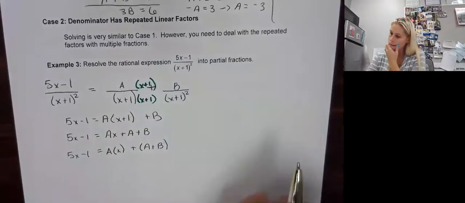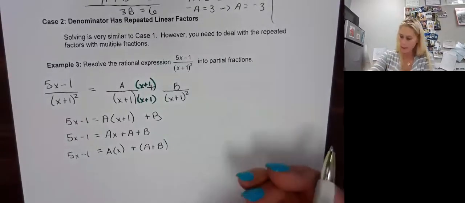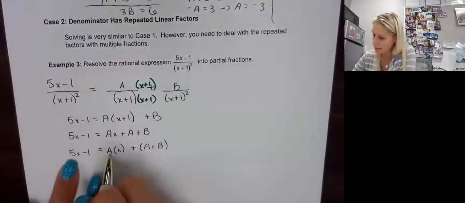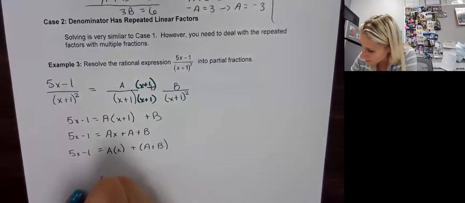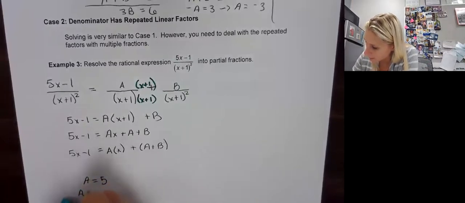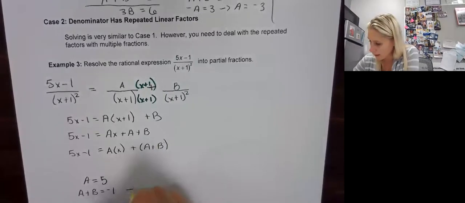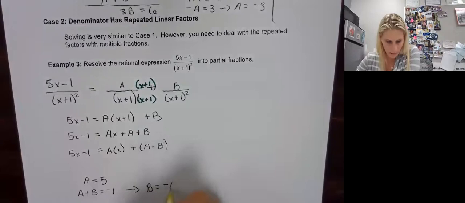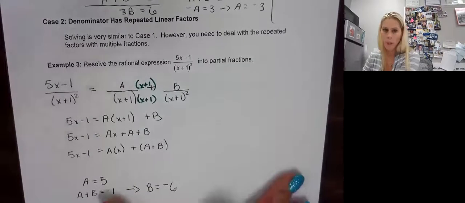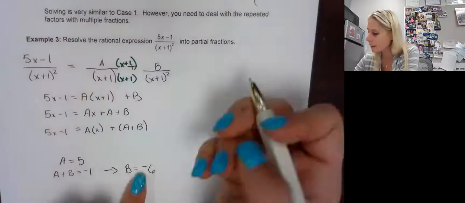Okay. So A is 5. That's nice because A is 5, right? And then A plus B equals negative 1. Well, if I plug that in, that must mean that B is negative 6. Okay, that one was a little bit easier.